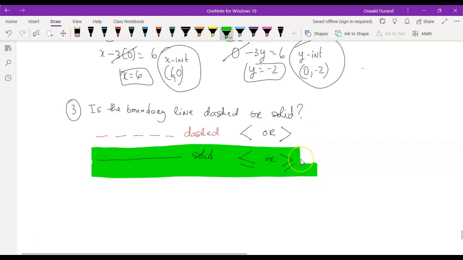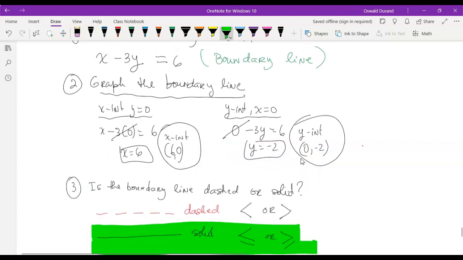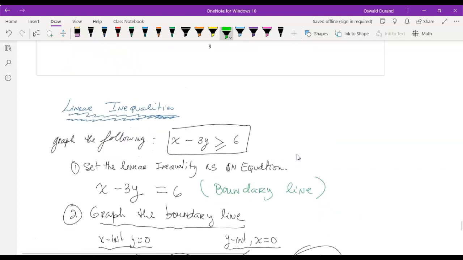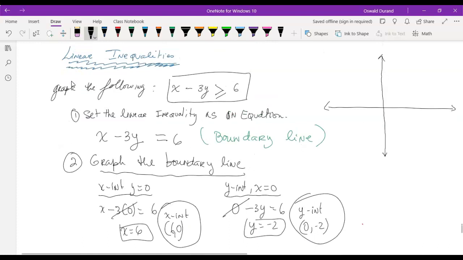Okay? All right. So let's start graphing that. The x-intercept is at (6, 0), I'm sorry. So I can count 1, 2, 3, 4, 5, 6. That's my first point.